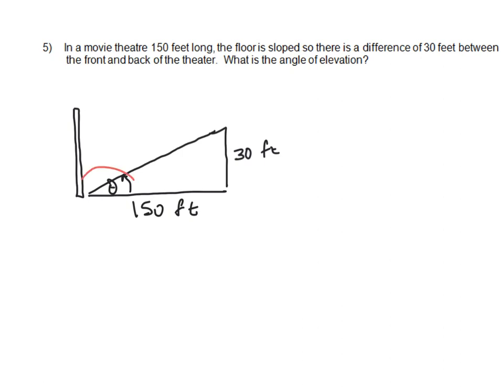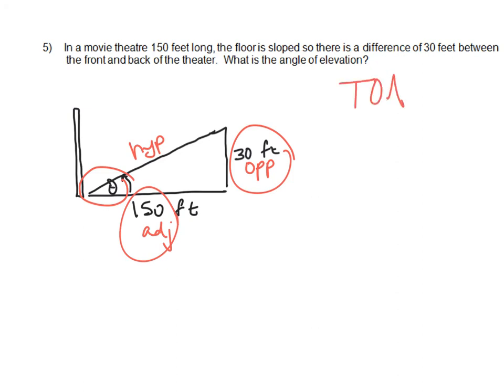All right, so we're going to label everything in terms of this angle, starting with the opposite side over here at 30. We've got our hypotenuse, which you can see we're not going to use, and the adjacent side. So you guys are probably getting pretty familiar with the opposite and adjacent side being your tangent function. So we're just going to set that up. Tangent of our angle theta is equal to the opposite side 30 over the adjacent side 150.